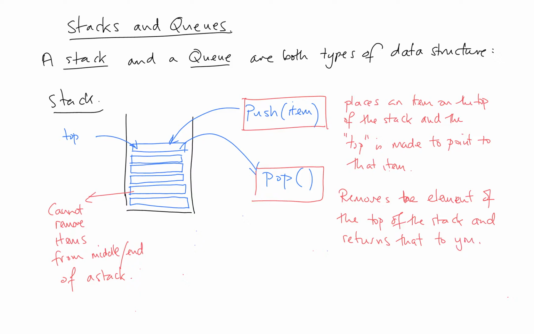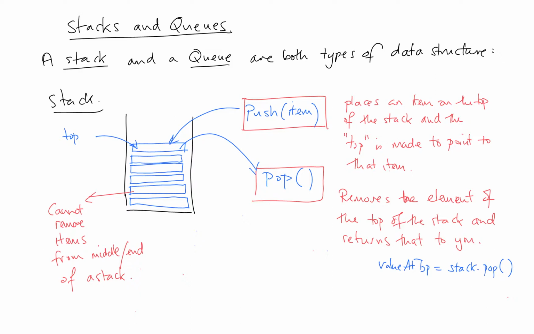So for example, you might have a bit of code that says value at top is stack dot pop, something like that.